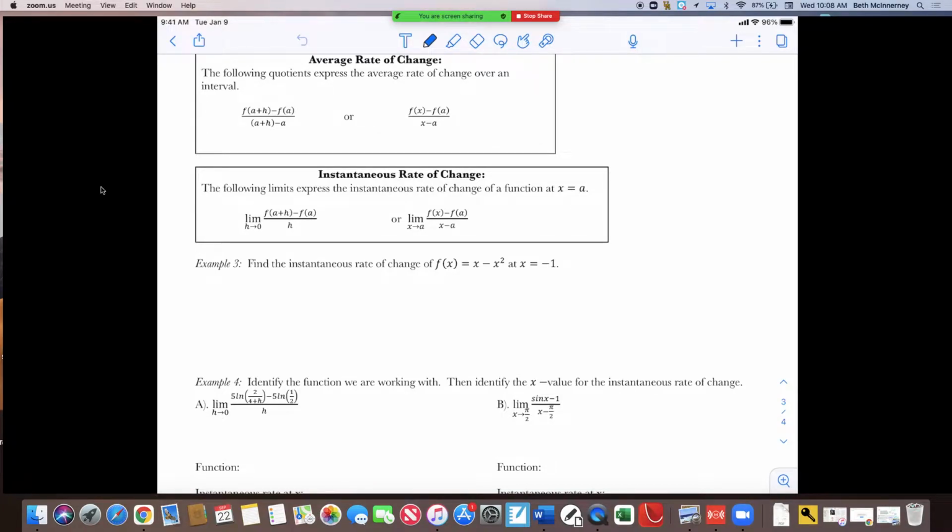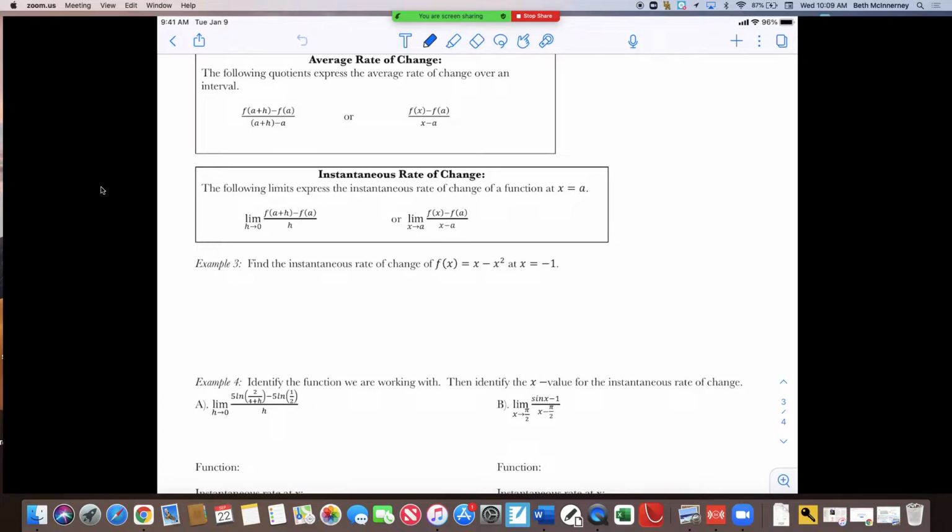So above this, you have 2 possible formulas for instantaneous rate of change of a function at x equals a. What the AP exam will do is they don't ever ask you to do it by hand like in example 3, but what they ask you to do is to actually identify that this is the instantaneous rate of change.